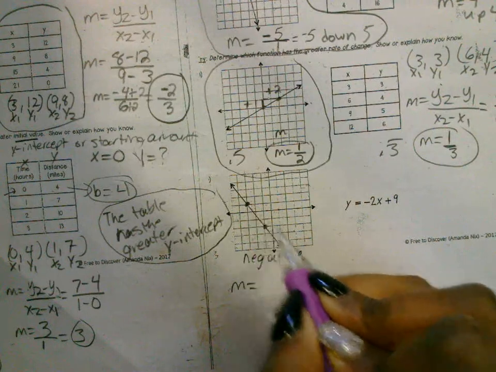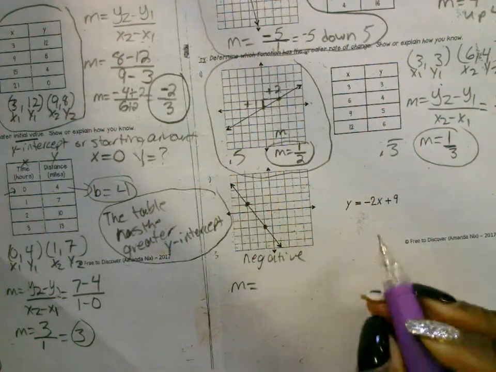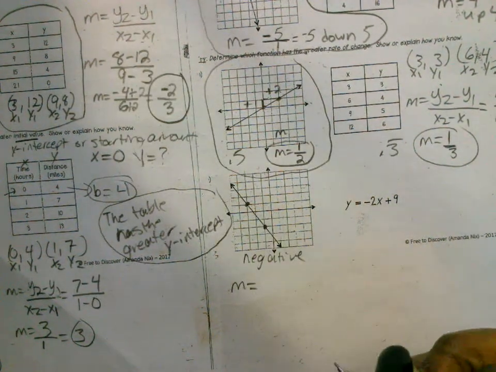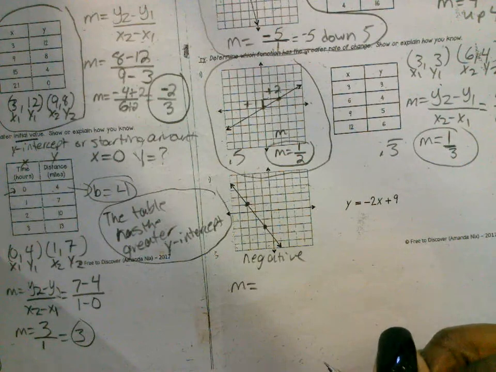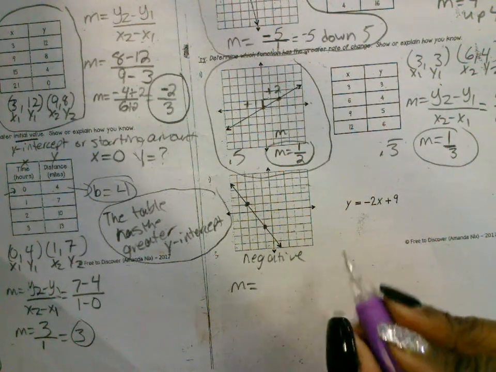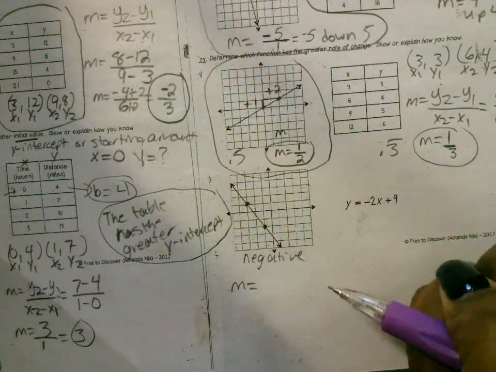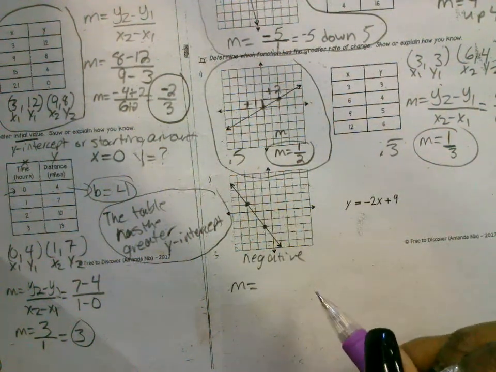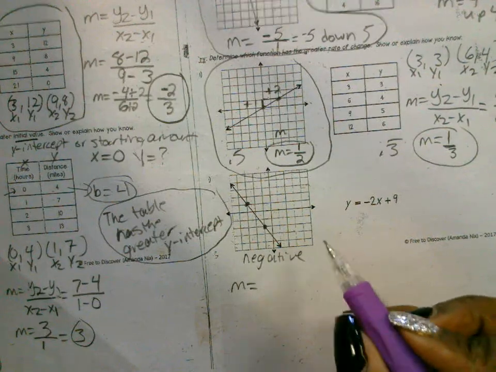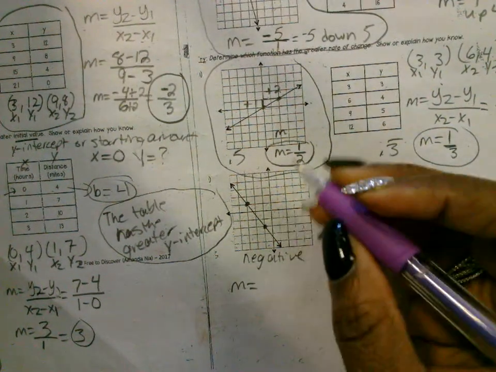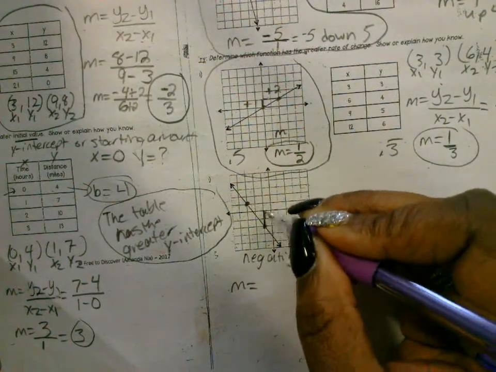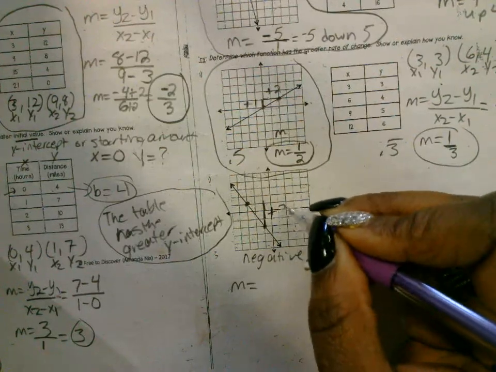Please do not choose a point on the line that you cannot read. Now we're going to do rise over run. How far do I go up to get to that point? 3. 1, 2, 3. Positive 3.